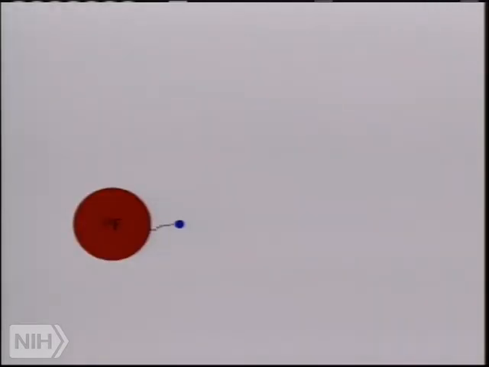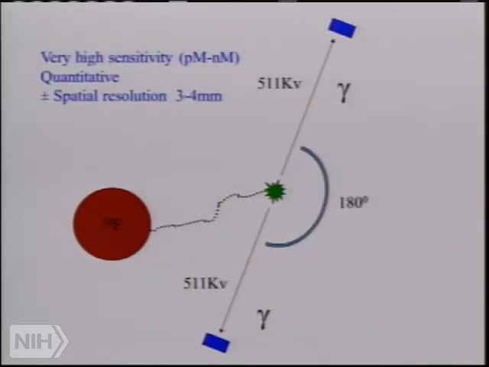So briefly, what happens is the positron from this fluorine-18 atom is emitted, and it wanders off, depending on its energy, finds an electron, and it's love at first sight, but unfortunately short-lived because 2 gamma rays are produced during the annihilation, and those are detected simultaneously at opposite sides of the detector ring.